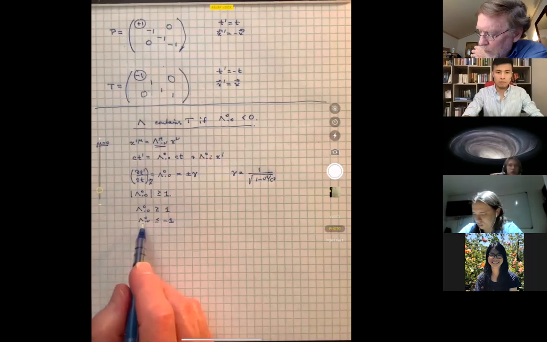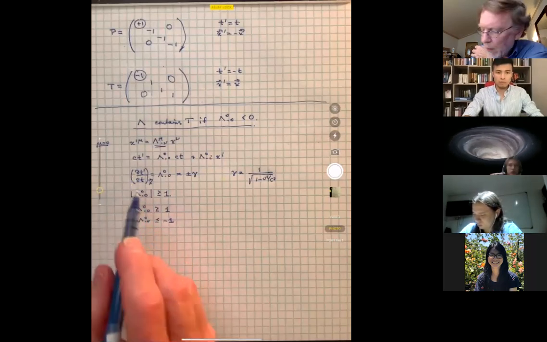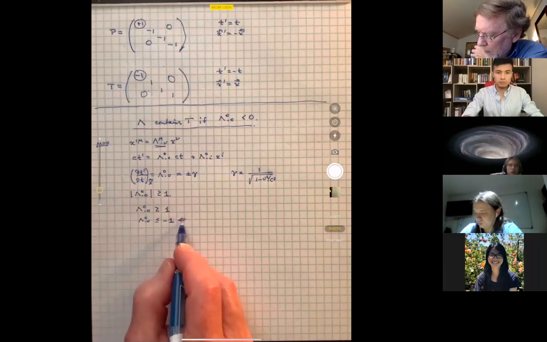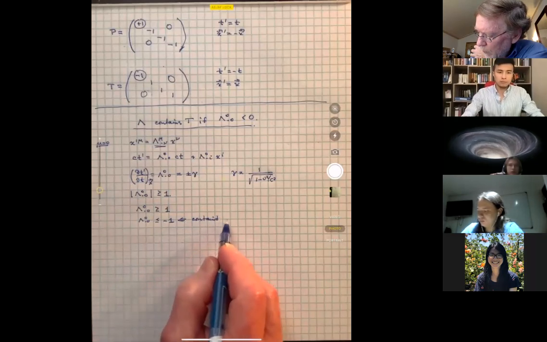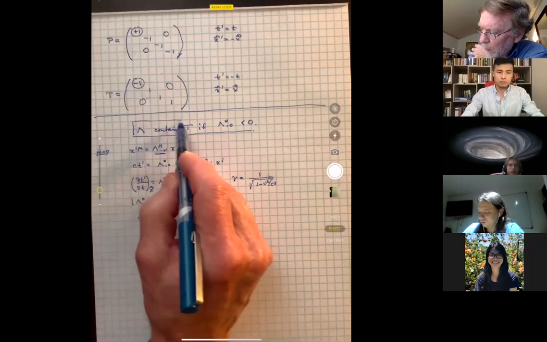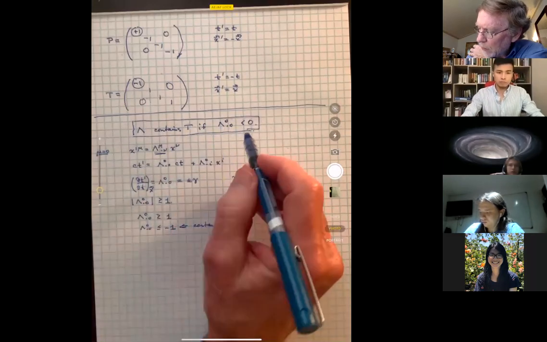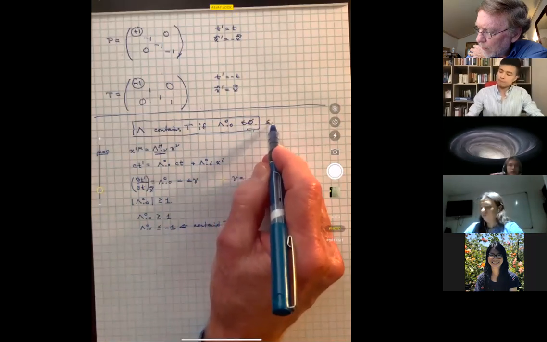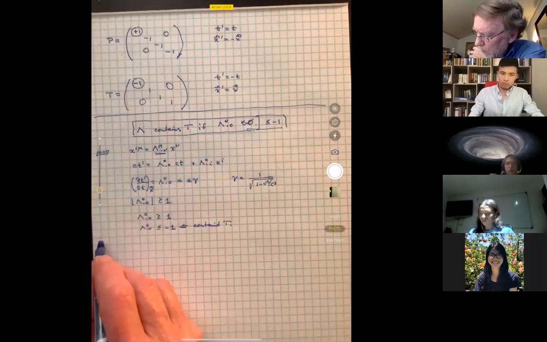If lambda 0, 0 is negative, it means as the old time increases, the new time decreases. That means that the operation contained a time reversal. You see, it's something that reverses the direction of time. And so that's where this rule came from, that lambda contains t if lambda 0, 0 is negative. Actually, not just negative, it's less than or equal to minus 1 is the condition. All right, so that's where it came from.